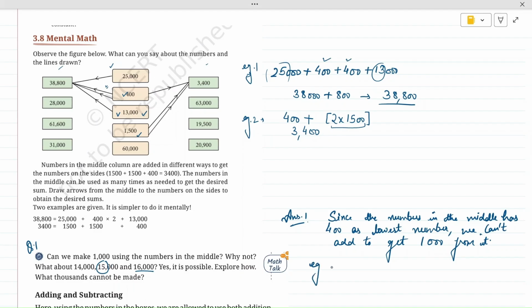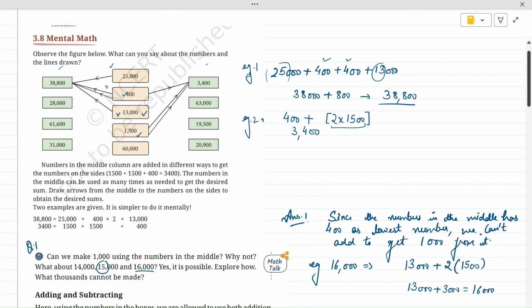I'm telling you the example of 16,000 here. So we can use 13,000 plus 2 times 1,500. So this will give me 13,000 plus 3,000, which is 16,000. Okay, so that's how we can get here.